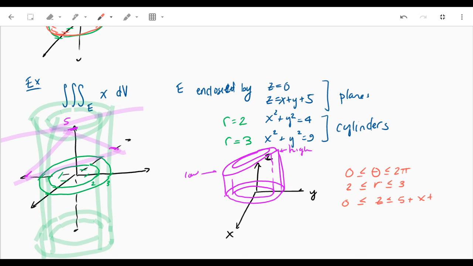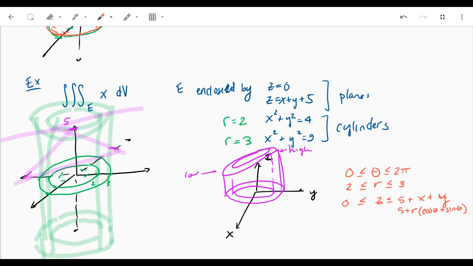Now the thing with this is that we can have the x's and the y's, right? So that's a real easy switch. 5 plus r cosine theta plus r sine theta, or just 5 plus r times cosine theta plus sine theta, like that.